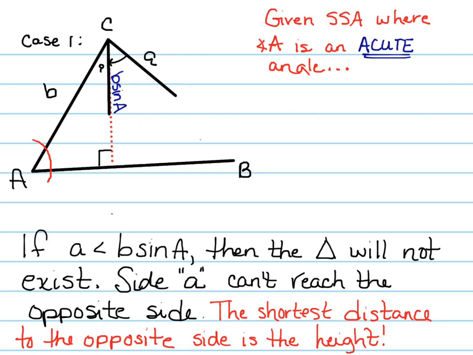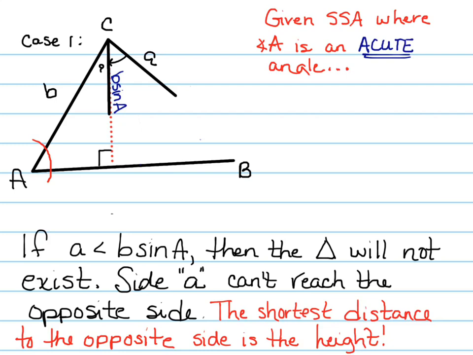So the shortest distance to the opposite side is the height. And so if side A is shorter than the height, or B sine A, then the triangle will not exist. So that's case one. So you'll have to compare side A with B sine A to see if it's long enough.